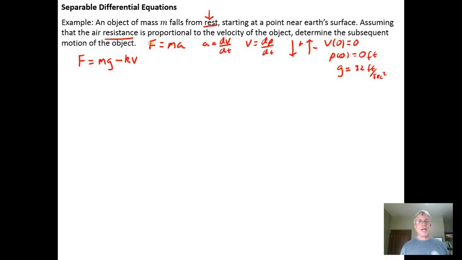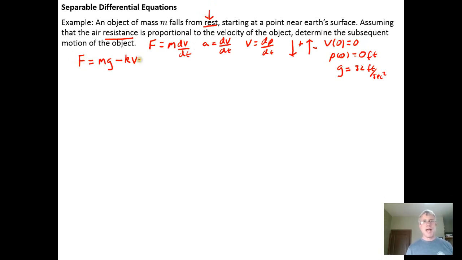And then we know from physics that the total force on an object equals the mass of the object times the acceleration. But we know that acceleration is just the time derivative of velocity. So mass times acceleration can be replaced with m dv dt. So now I can step over here on the left-hand side.